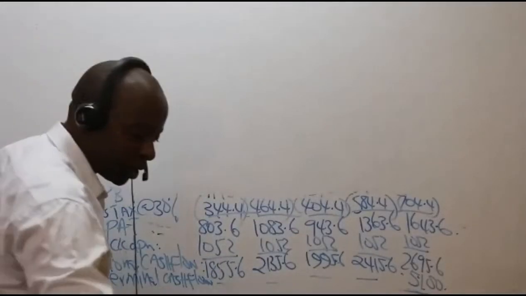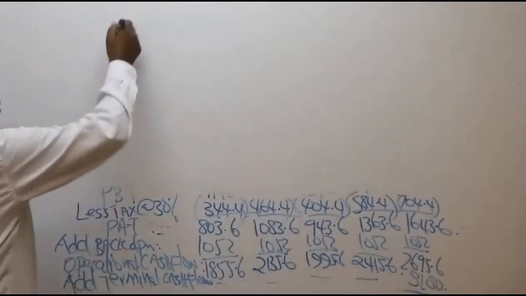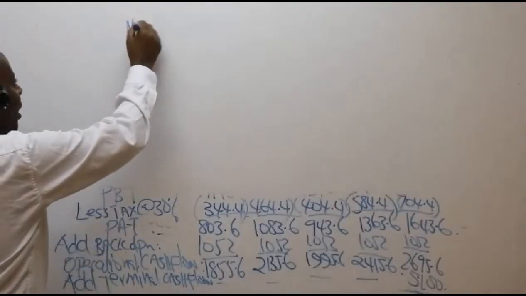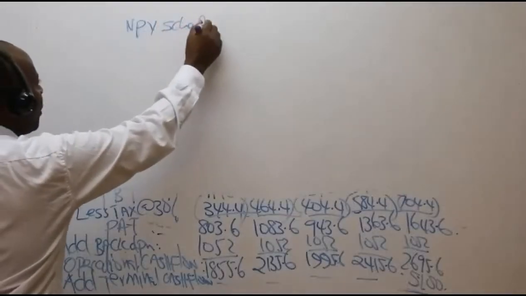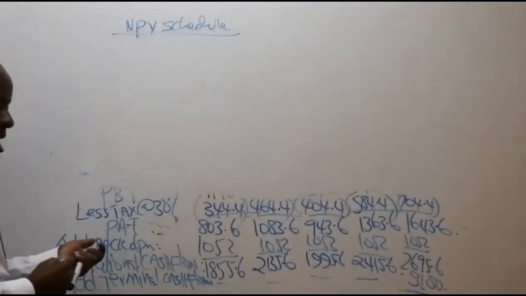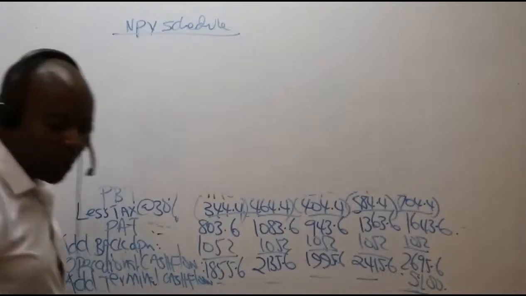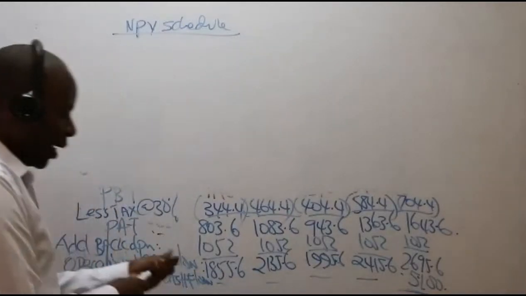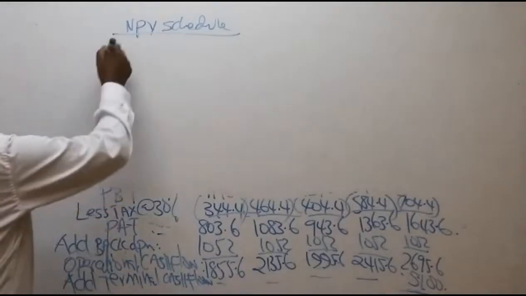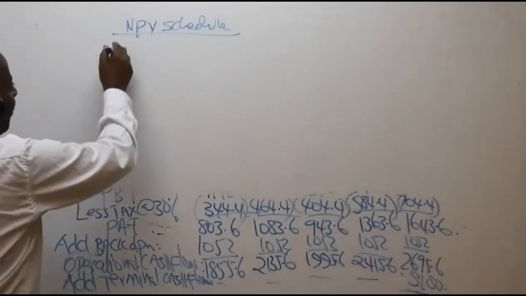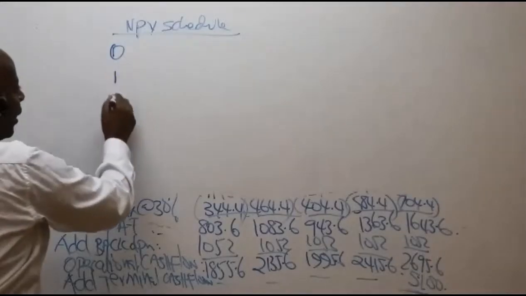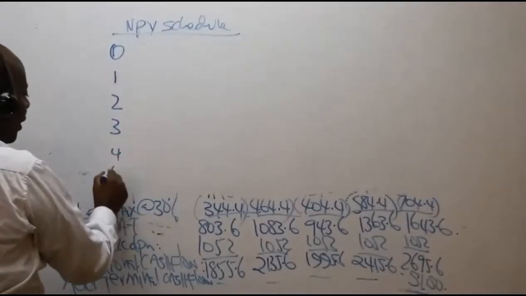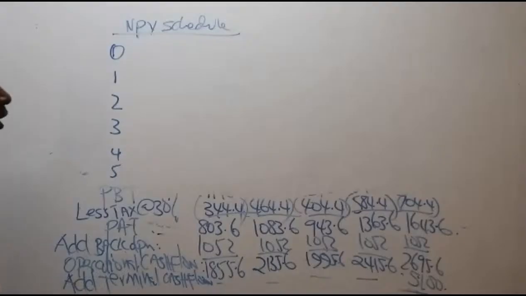Thank you very much. So in this case, ladies and gentlemen, now we have our net present value schedule. I have year 1, year 2, year 3, year 4, year 5, and actually you can even begin from year 0.